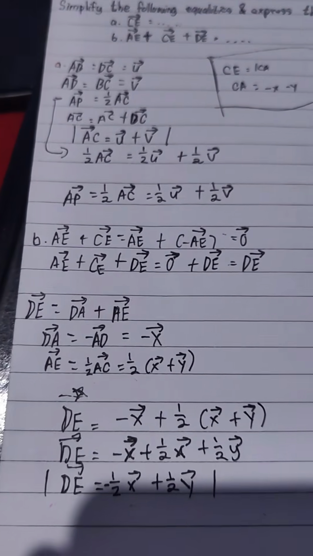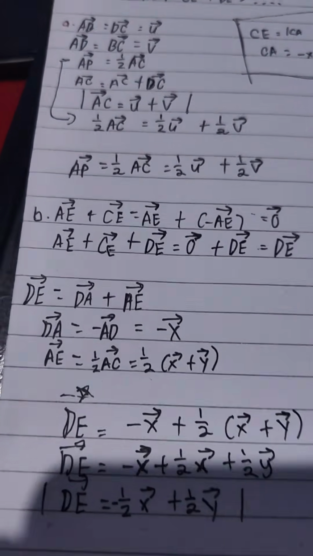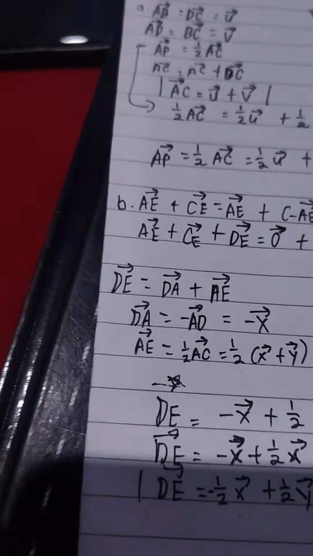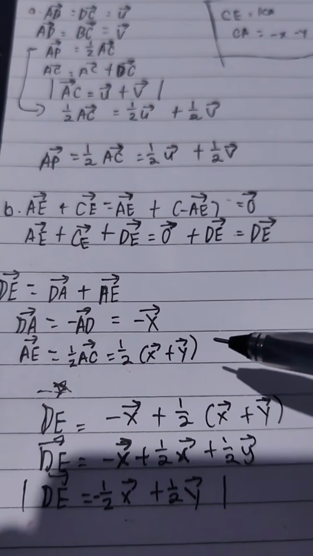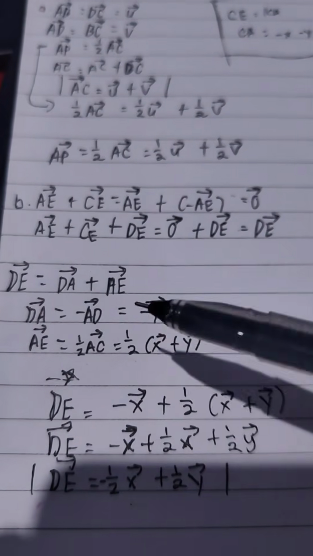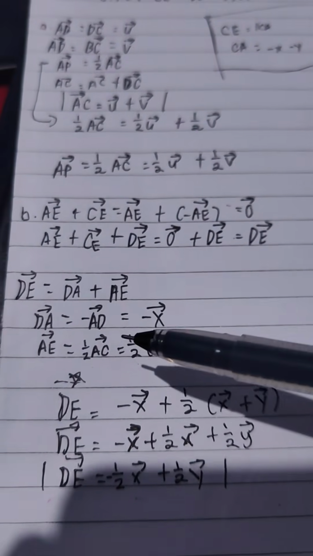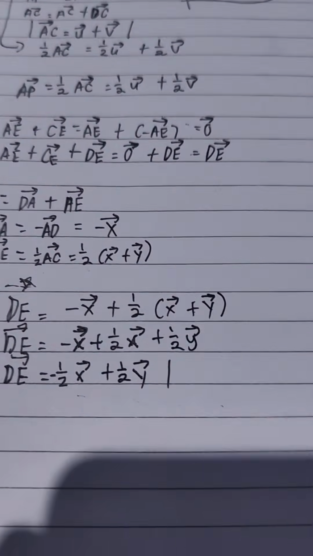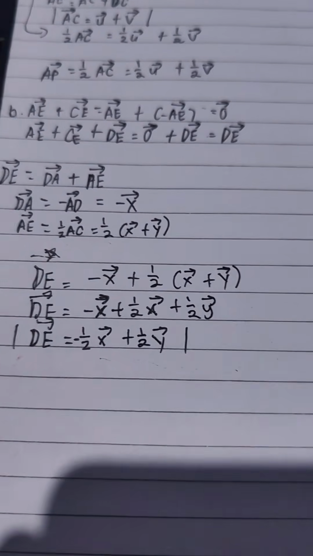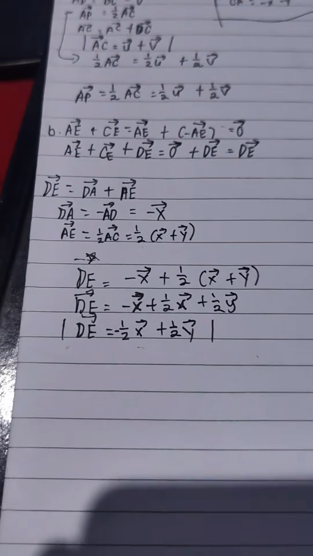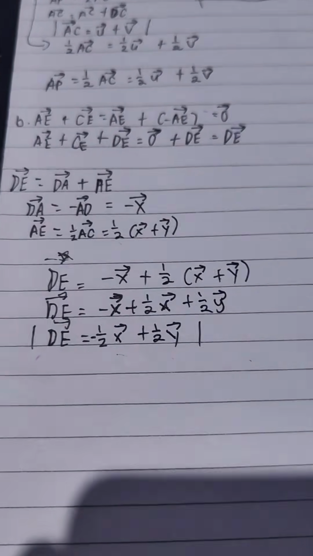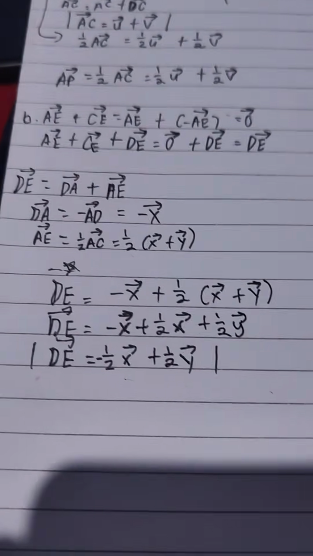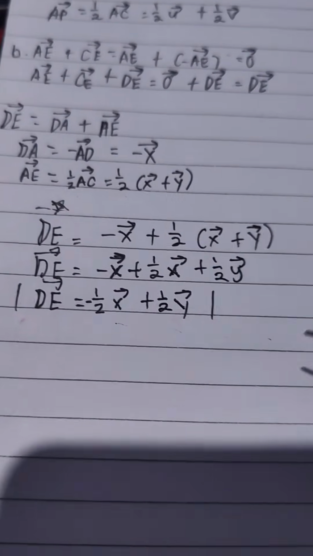After that, we can change it into AE, and then we just simplify this. Okay, after that, we need to substitute the sum of dE into our dE.